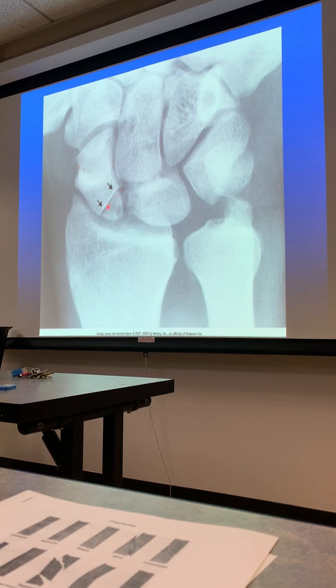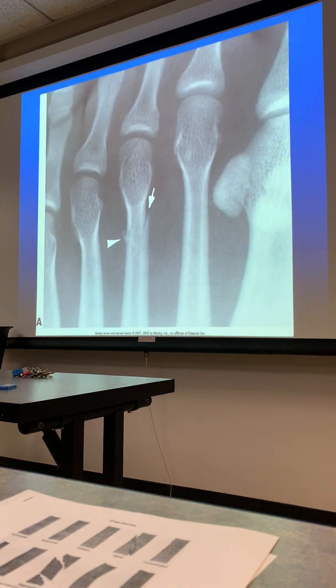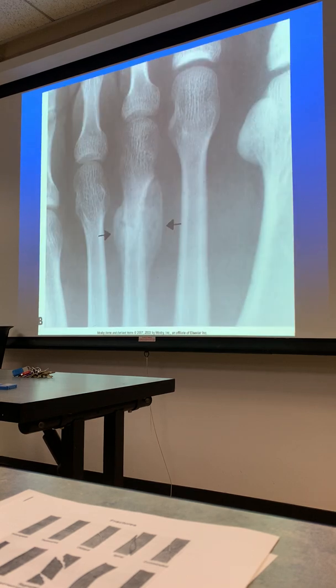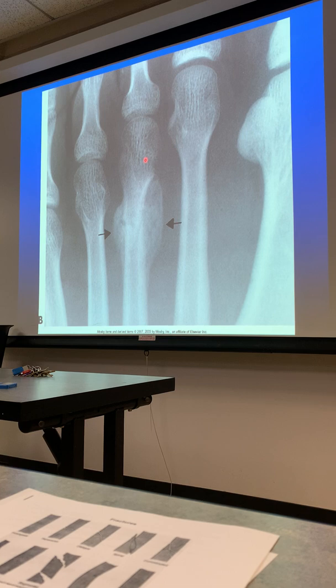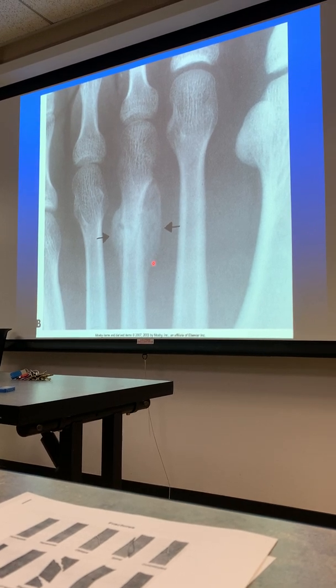See where it didn't come together. Okay, this is just showing a little teeny fracture here. And 2 weeks later, they came back and you can see this callus growing around it.